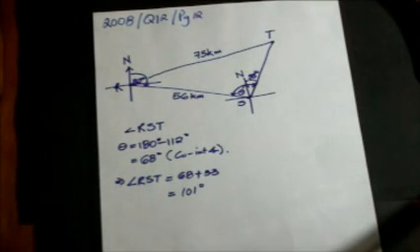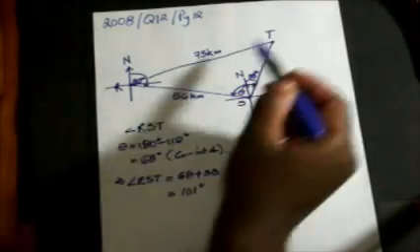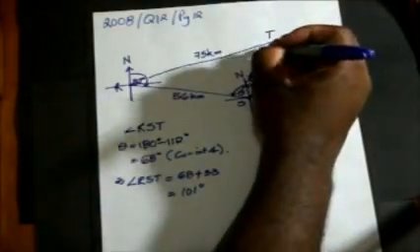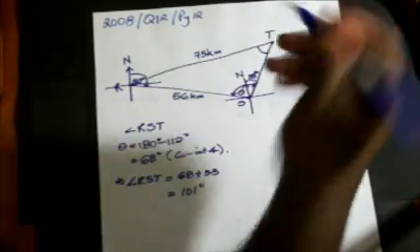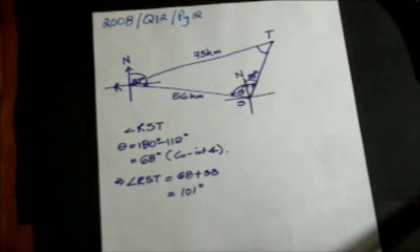Alright, next we're asked to find angle RTS. Essentially, we're being asked to find angle T. Now, if we look carefully at this triangle, first thing we can note is that it's not a right angle triangle. It's a non-right angle triangle.